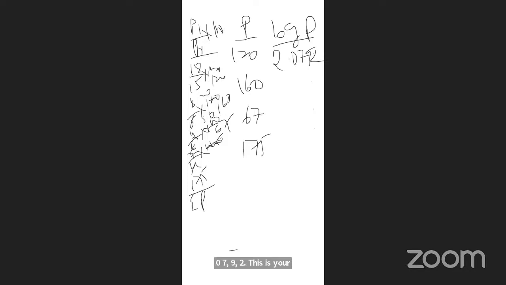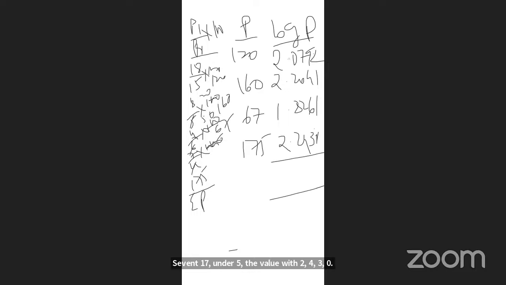Now 16 under 0: 2041. Now 67 under 0 is 1.8261. 175 under 5: the value is 2430. Right. Now calculate the total of this. This becomes your sigma log P.